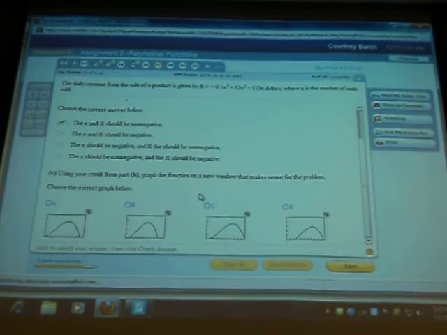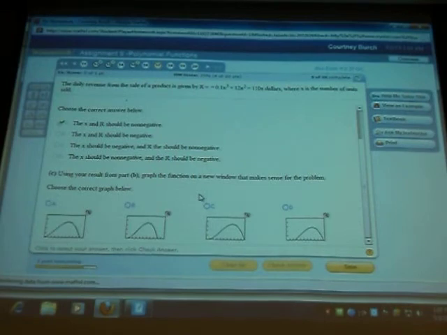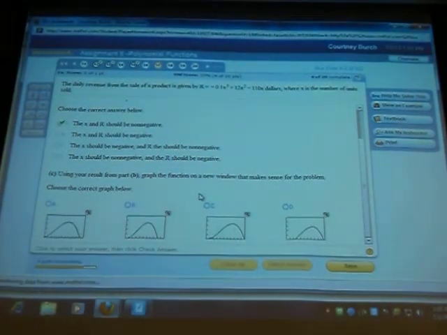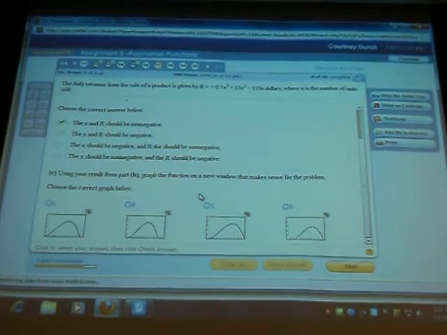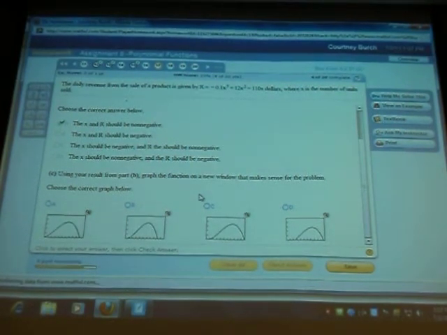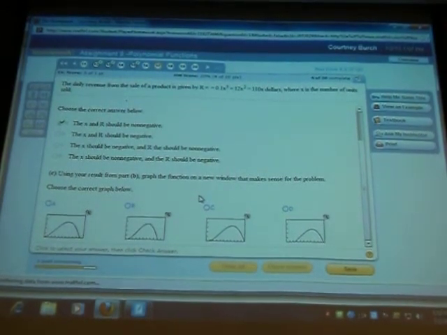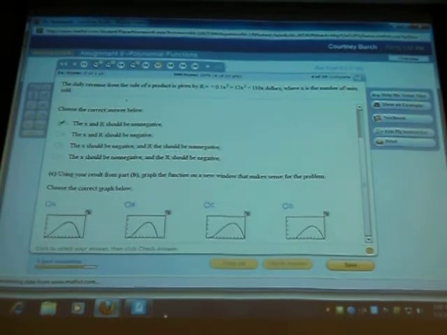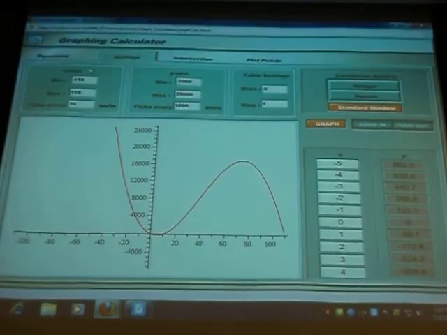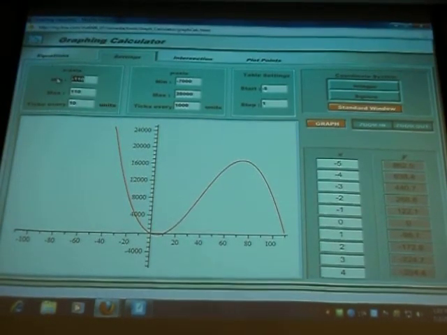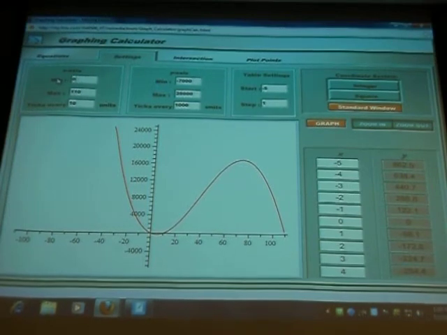Now here, we may need to play a little bit of a guessing game. If I want to graph on a window that makes sense, that just means the first quadrant, so x and y should both be positive. So let's go back over here and make our window start at 0 on x and y.